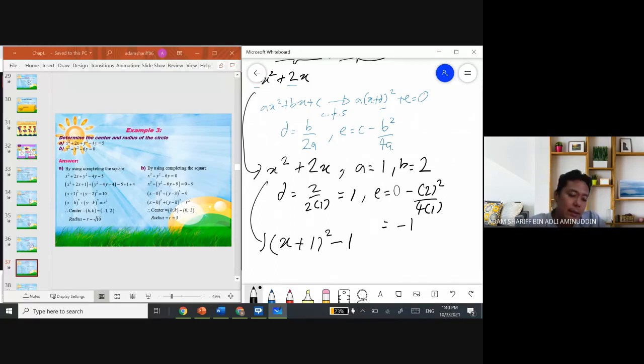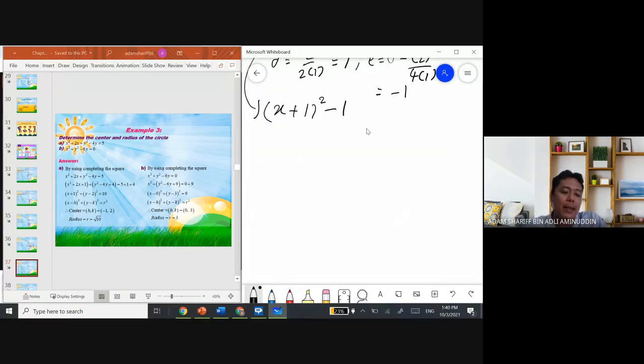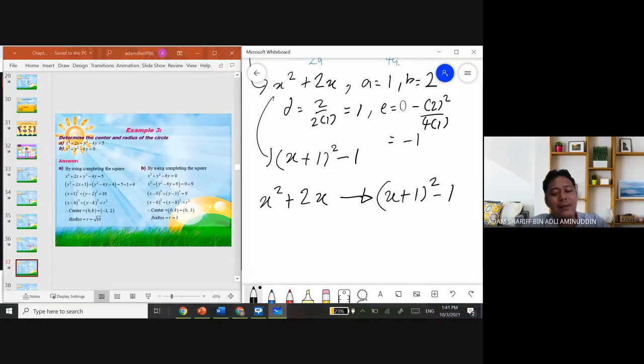Okay, just a precaution. Sometimes after I completed my square, I managed to change x squared plus 2x into this form. A good practice is always try to expand back. If you have time, expand back.